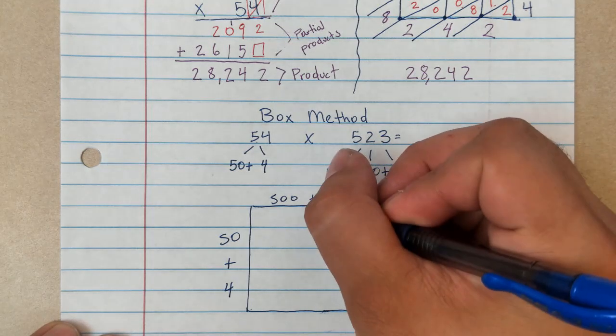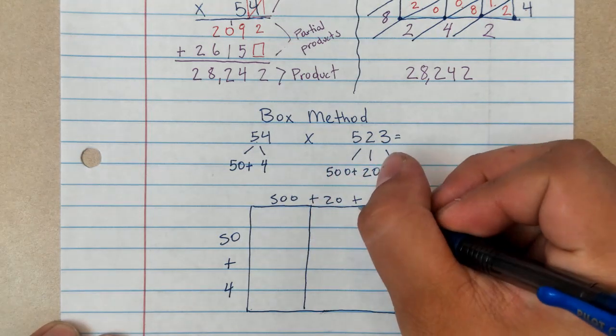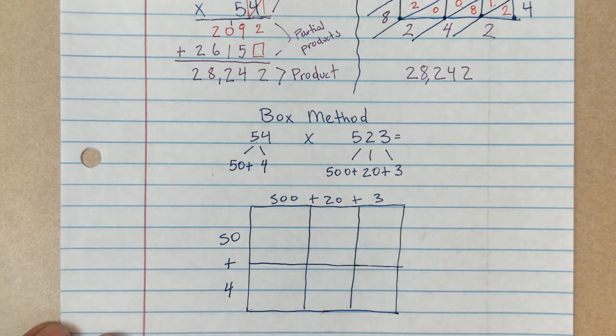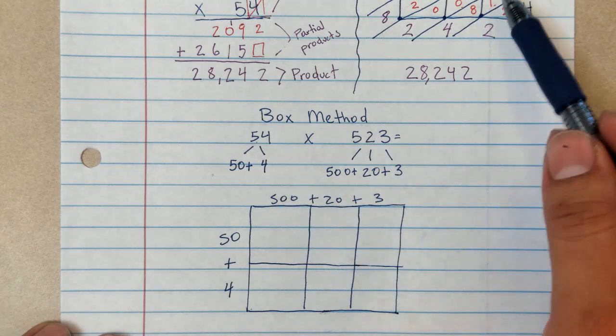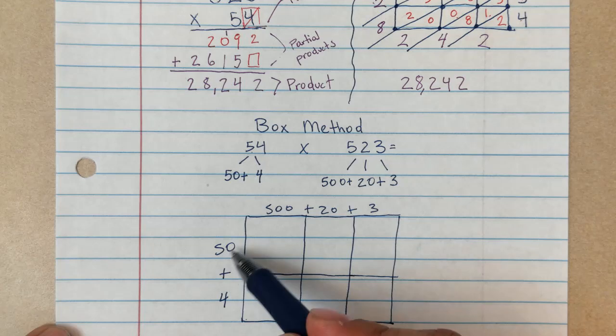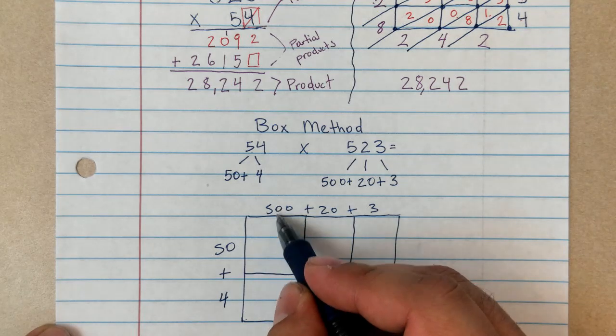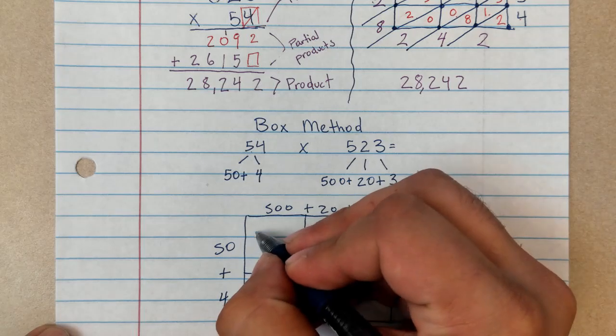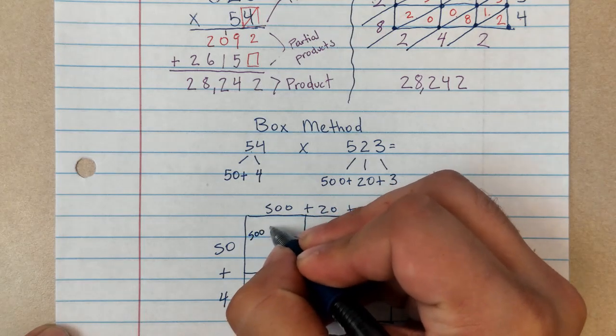Now again, these numbers want their own lane or their own space. Here we're going to multiply, kind of like we did over here, but you'll see that it takes a little longer. Here I'm going to multiply 500 times 50, then 20 times 50, and then 3 times 50. So I can even write it down like this.